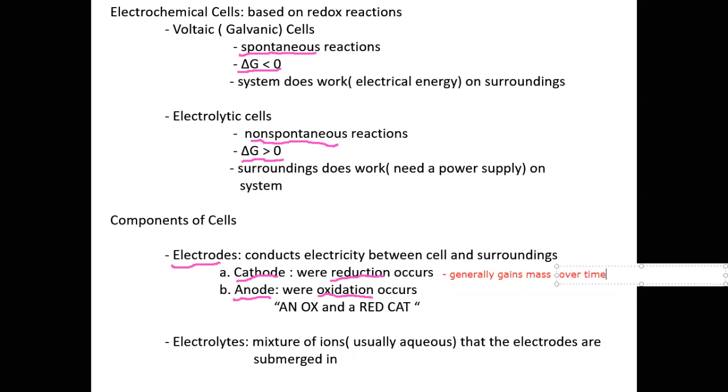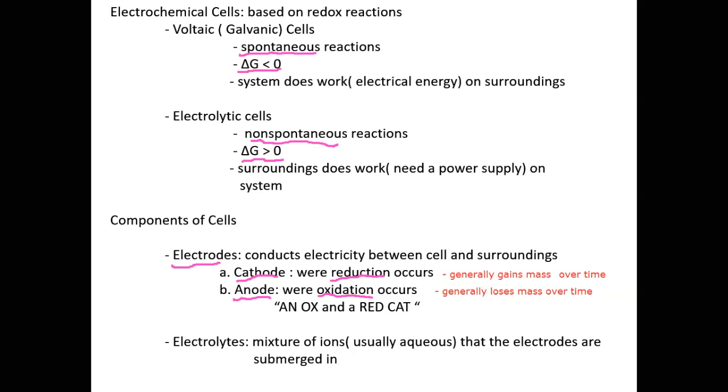And the anode generally loses mass over time. Because as the anode gets oxidized, say it's aluminum, it loses mass because aluminum gets converted into aluminum 3+. And a good little saying to help remember what occurs at the anode and cathode is an ox, meaning anode oxidation, and red cat, reduction at the cathode.